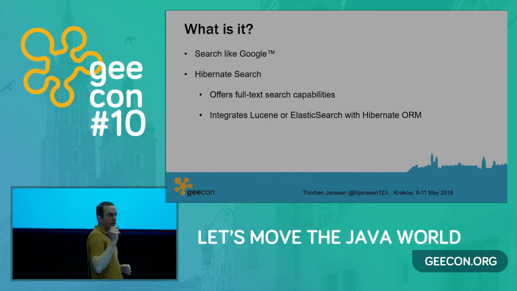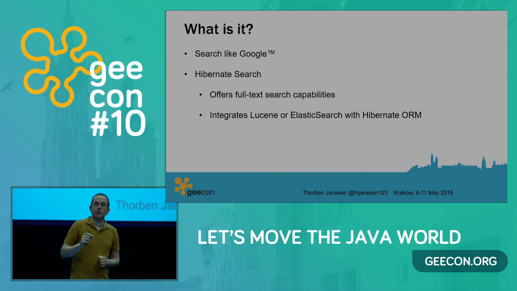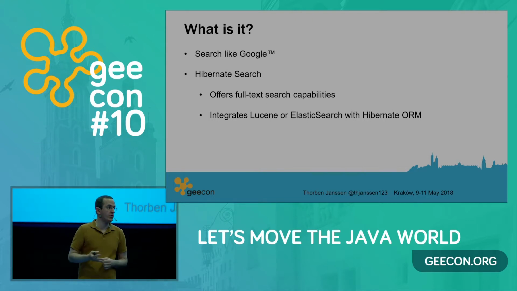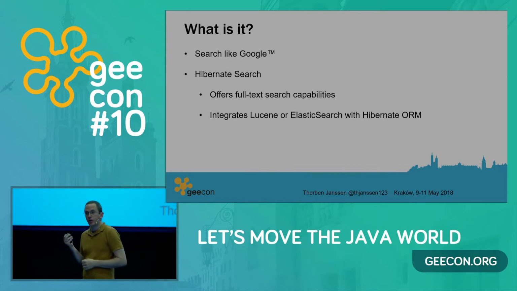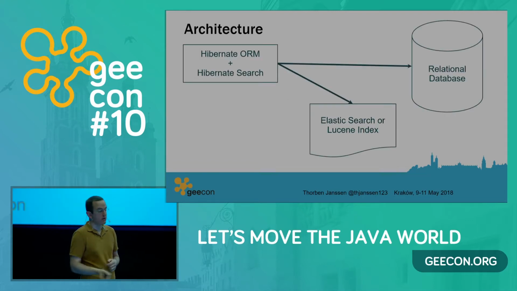And that is incredibly difficult to implement with plain SQL, but it's very simple if you are using a full-text search engine. And with Hibernate Search, you can do that. Hibernate Search integrates either Lucene or Elasticsearch with Hibernate ORM. How does it do that? Like this.